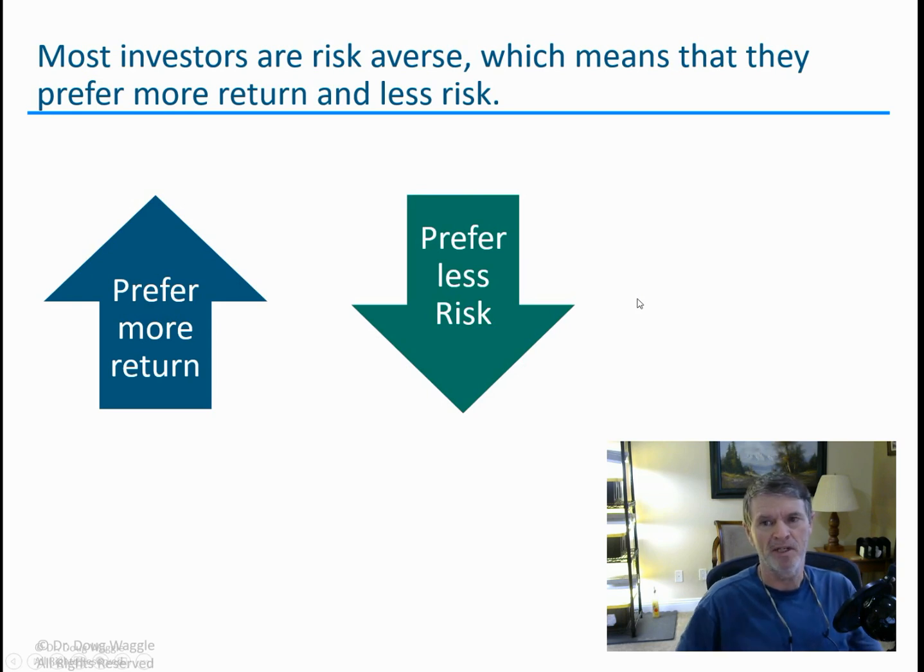Now, most investors, and probably most of you, would like more return. So would you rather have a 5% payoff for investing in Apple stock, or a 25% return for investing in Apple stock? Hey, we'd all say, give me that 25%. That sounds better. But on the flip side, we dislike risk, so we prefer less risk.